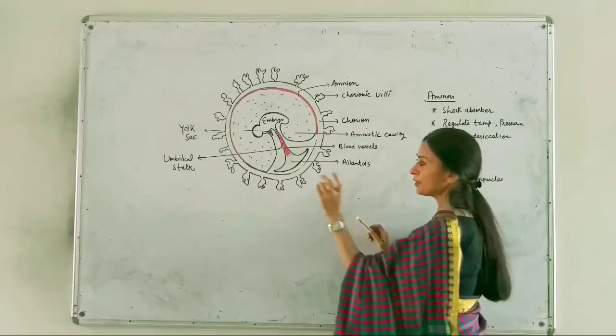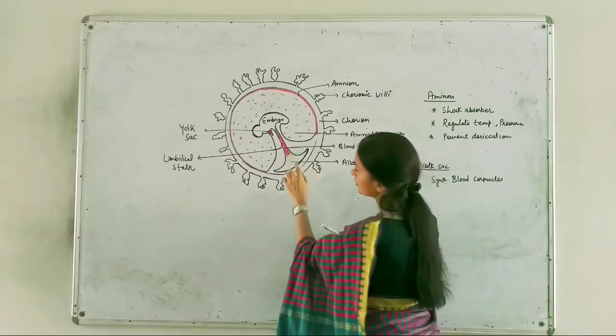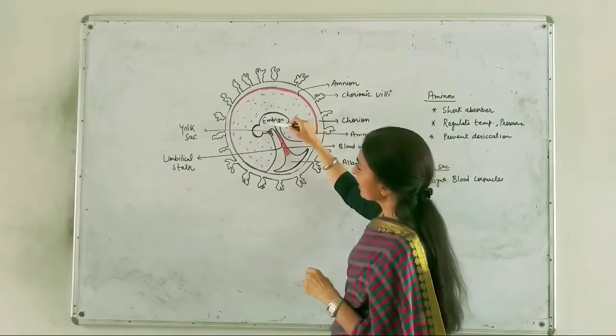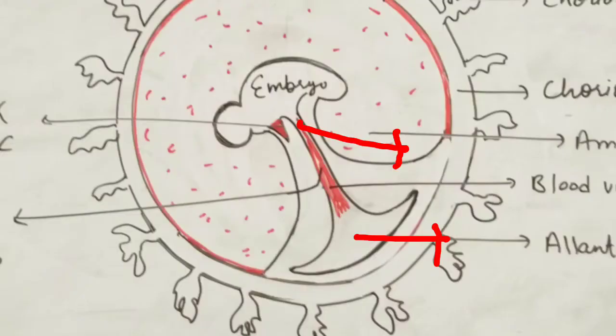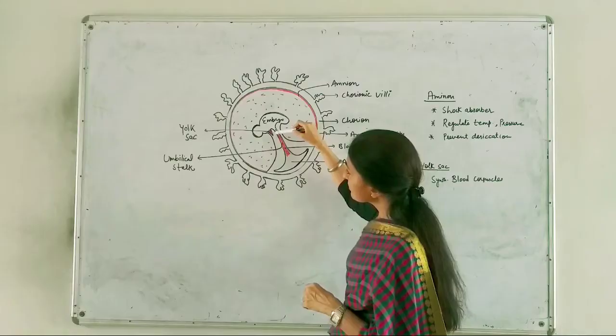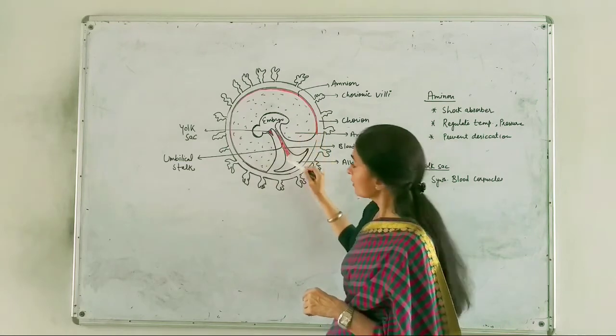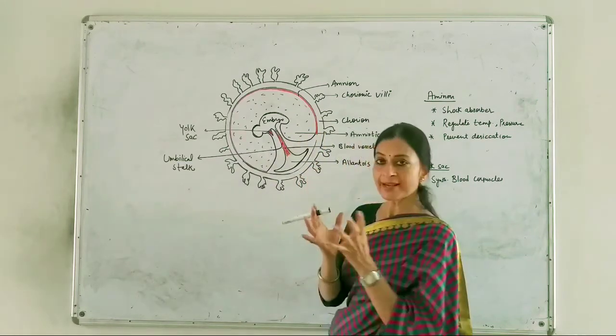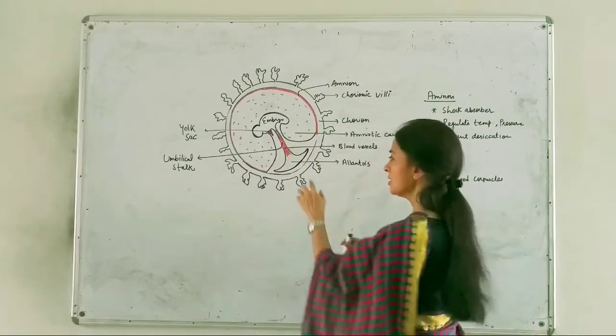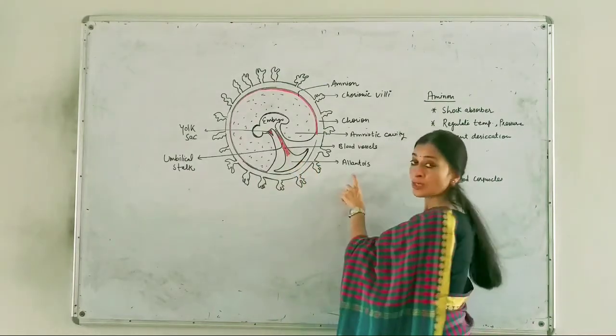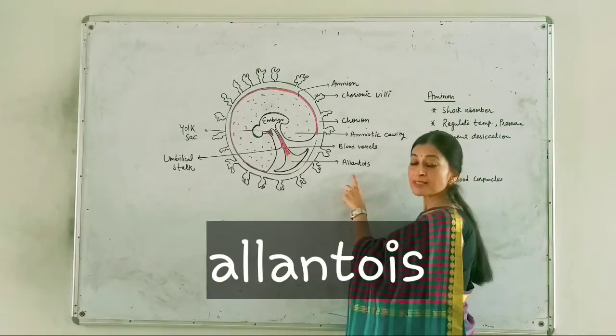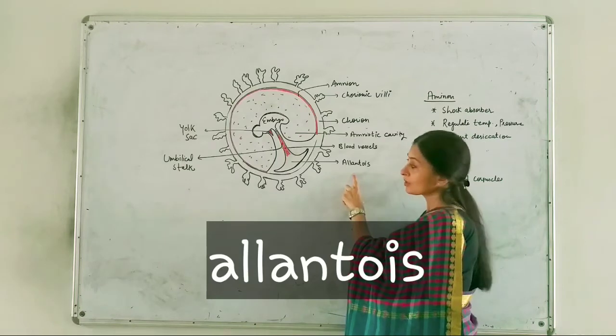Now the third type of extra embryonic membrane, you can see here, this tubular structure is arising from the embryonic gut, and it is a stalk-like structure. It is ending in a sac-like structure, a bag-like structure. This sac-like structure is the third type of membrane, which is known as allantois.